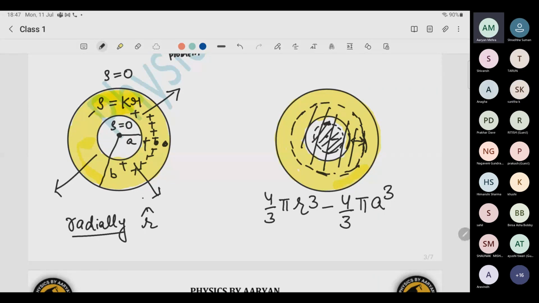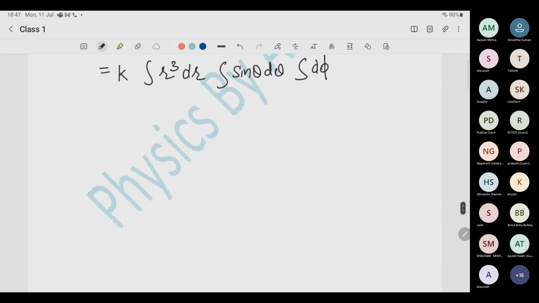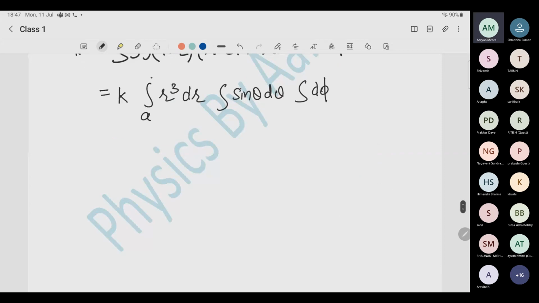We are talking about till here only. This is at distance r from here, and we are starting from this point. We are talking till r, and we are starting from a, because inside this charge density is not there. So my limits are a to r.